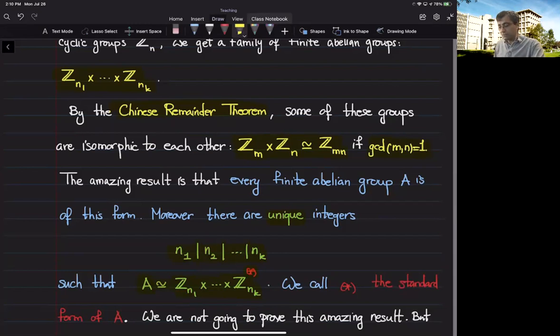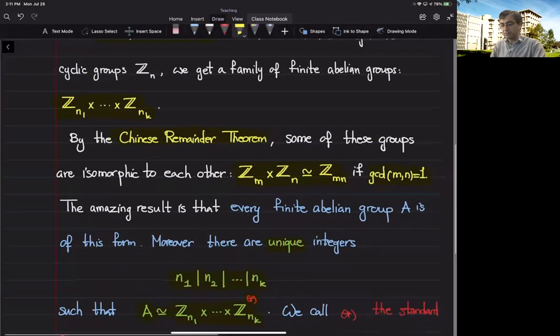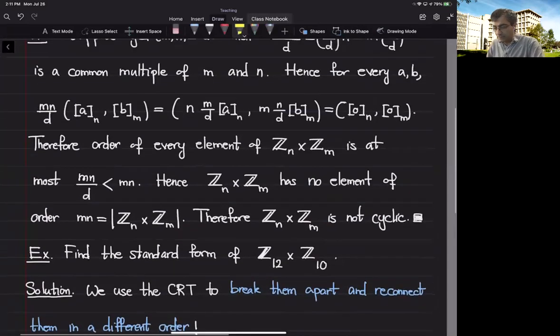This is a very nice result, and we are not going to prove it in this course, but rather we are going to see how we can find standard forms of given abelian groups. Okay, let's see some examples.